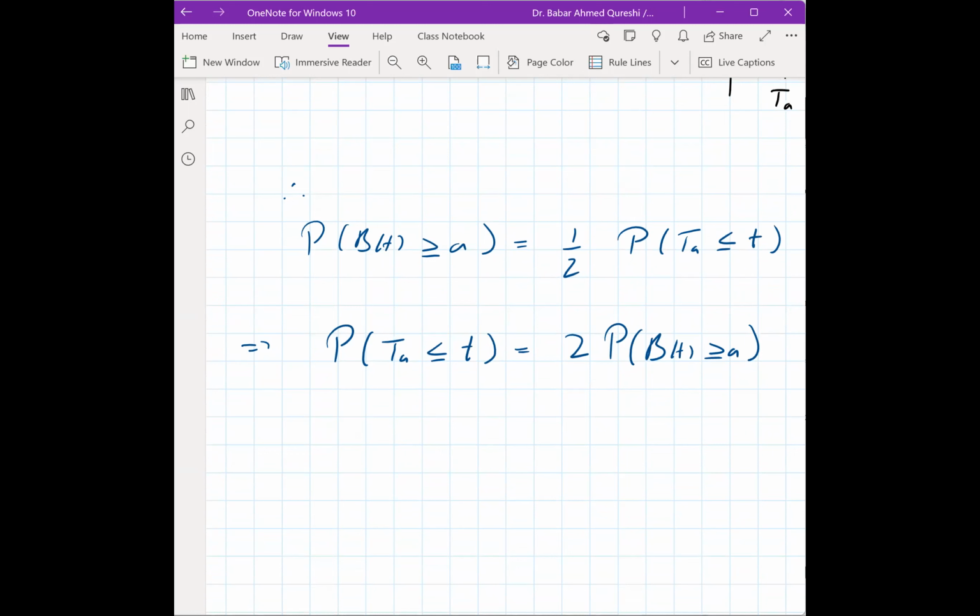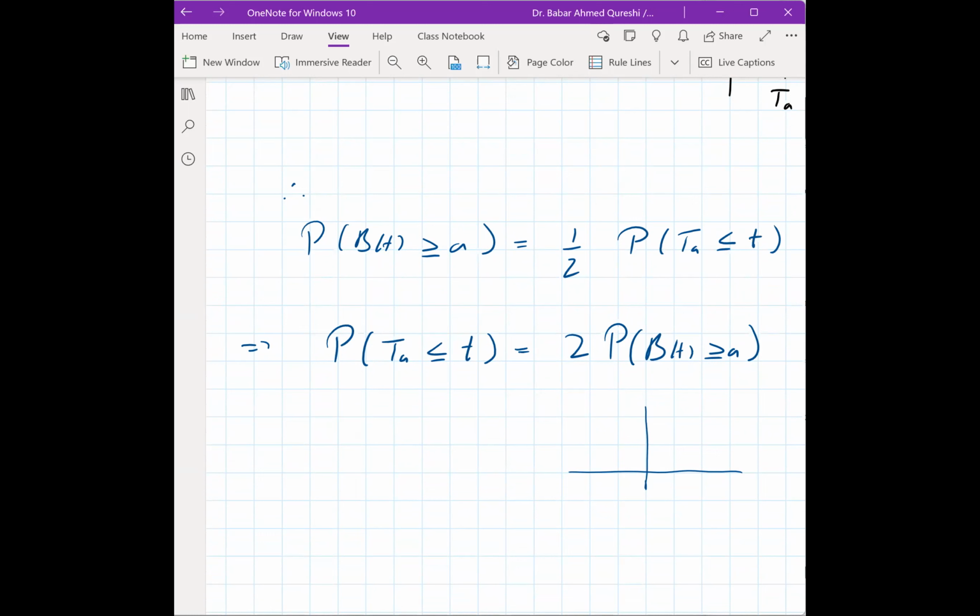And what is this? This is the probability that B of T is greater than A.